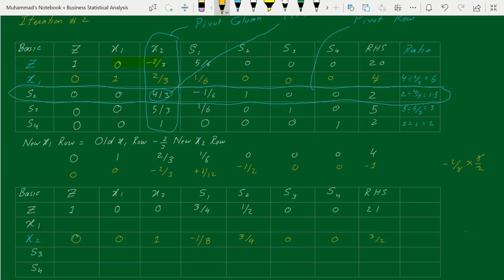After solving these equations, we get the new row for x1, which is 0, 1, and then 0, and then 1 by 4. Here 12 plus 6 is 18.